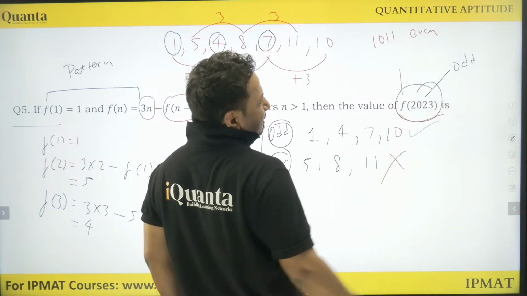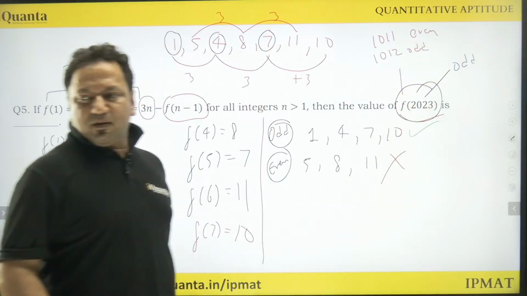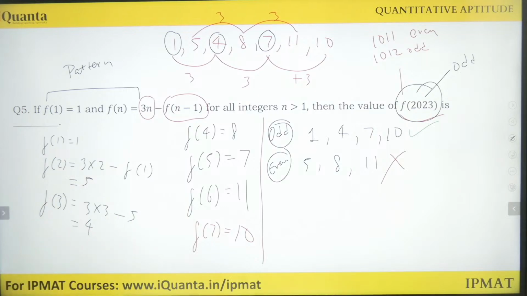Am I right? And 1012 elements will be at the odd positions. Yes or no? Even and odd is always half. Odd हमेशा एक ज़्यादा होगा अगर वहाँ पे odd number लिखा हुआ है तो. 2022 तक तो 1011 even, 1011 odd. अगला odd ही आएगा. I hope it's clear.